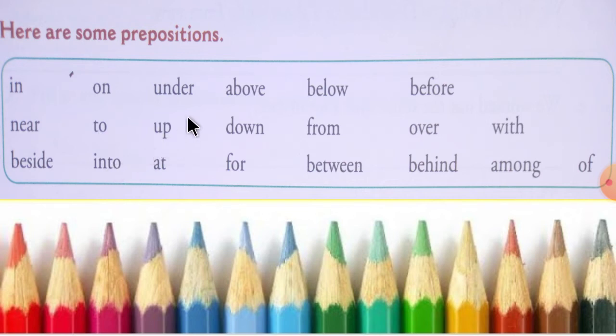Now preposition number 7: U, N, D, E, R, under.